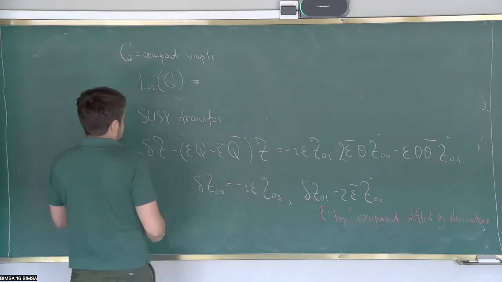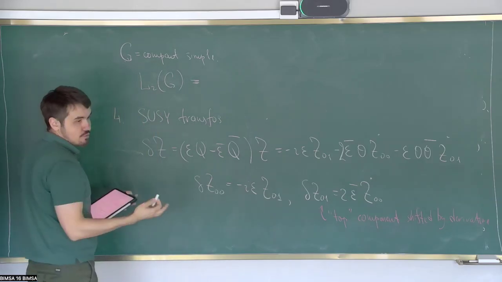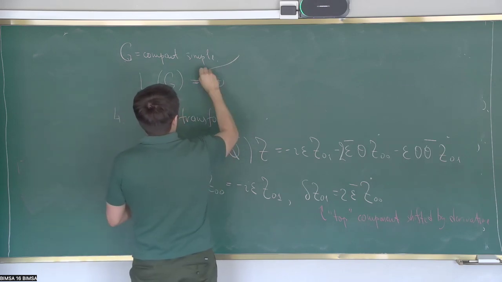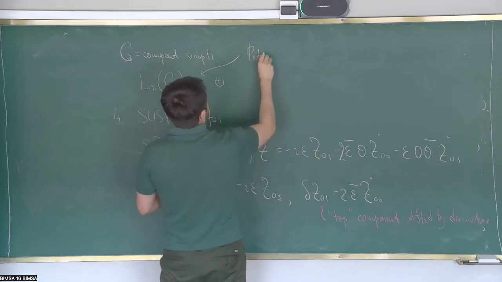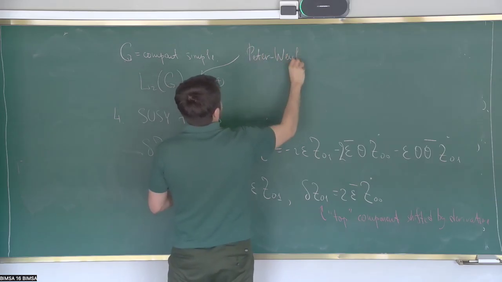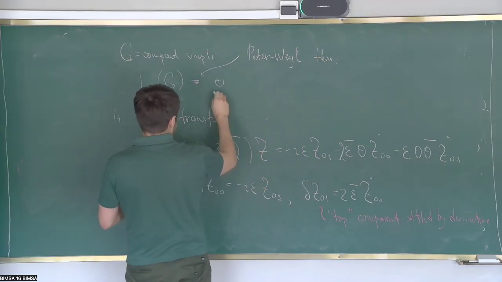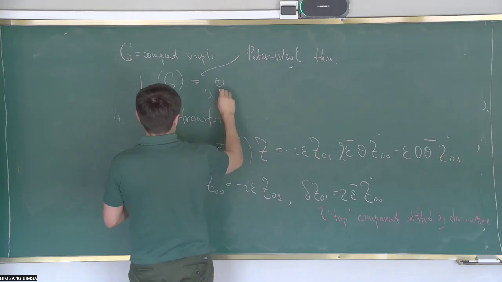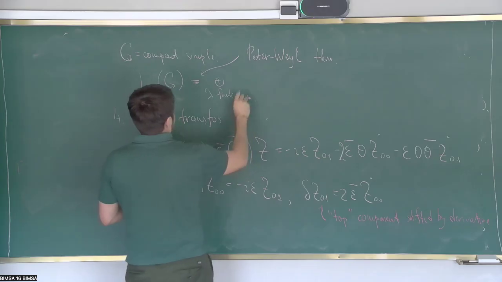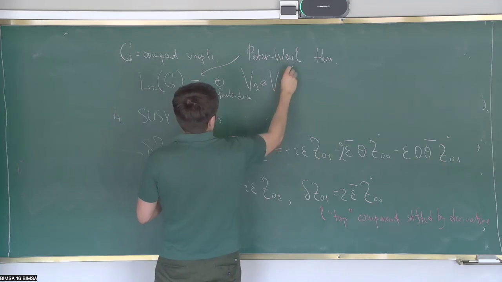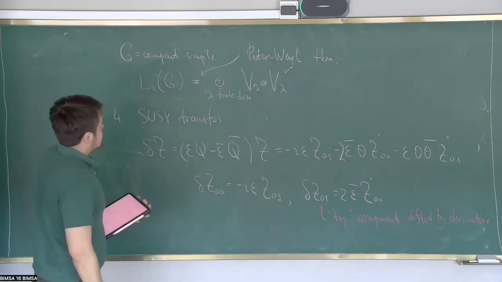So this L2 of G is kind of the analog of superspace. Yeah? So by the Peter-Weyl theorem, we decompose it as a sum over all finite dimensional representations of G, as V lambda times V lambda dual.